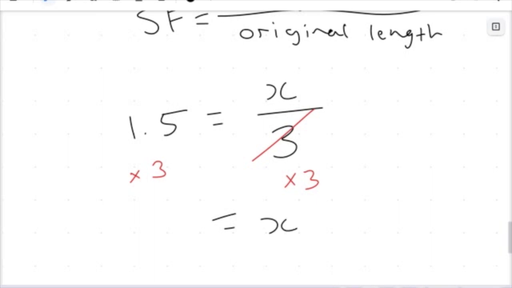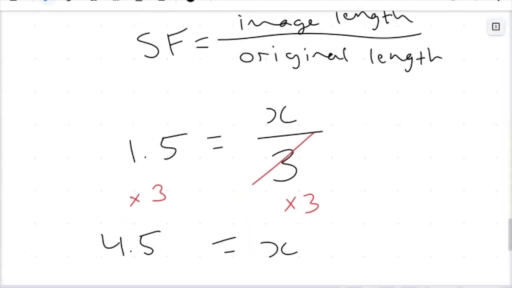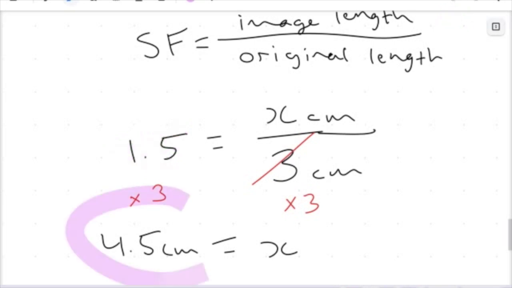And my x equals 4.5. And this is the image length. So this is 4.5 centimeters. Now, I've done something sneaky. I should have actually probably left these in because my x centimeters is going to be equal to 3 centimeters times 1.5, and then that gives me 4.5 centimeters because those carry over as well.